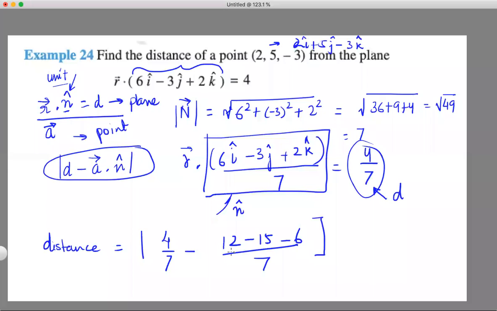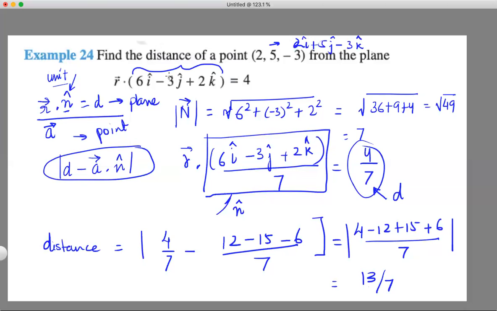This comes out to be 4 minus 12 plus 15 plus 6 by 7, which is 13 by 7. So this is the distance of this point from this plane.